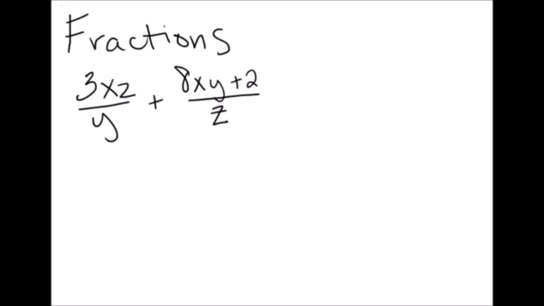So here's another practice problem if you want to pause and work it out on your own. I'm going to multiply the first expression by z over z, so that would make it 3xz squared over yz. I'll multiply the second expression by y over y.